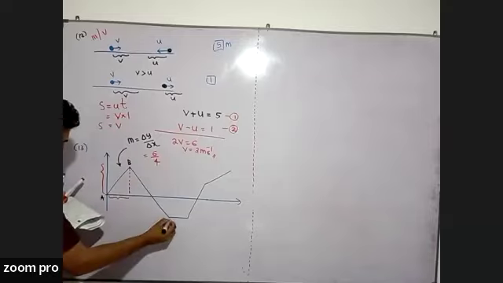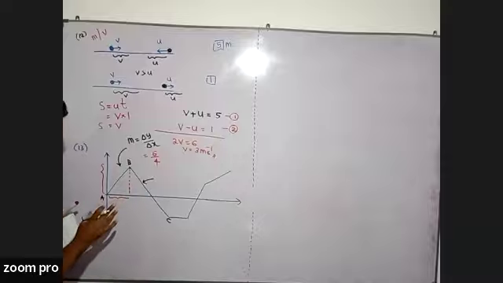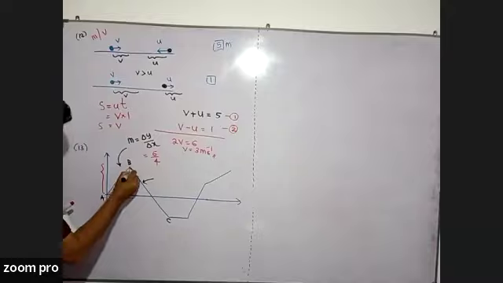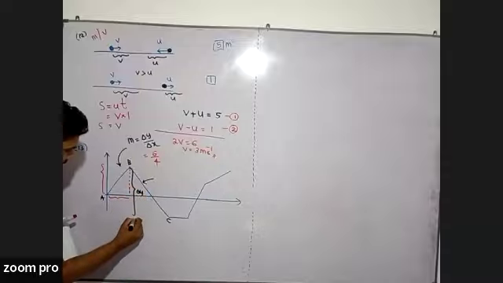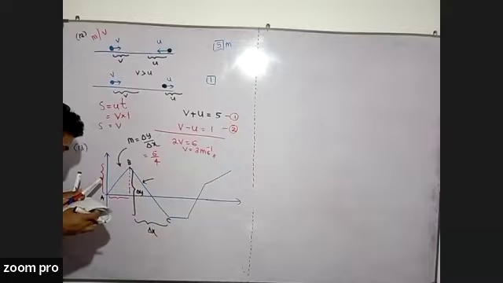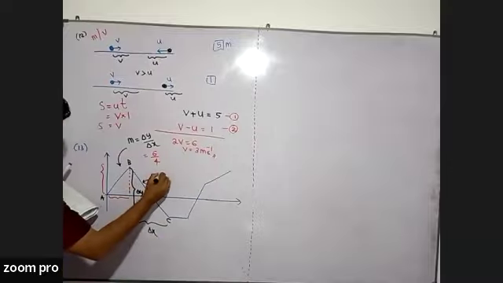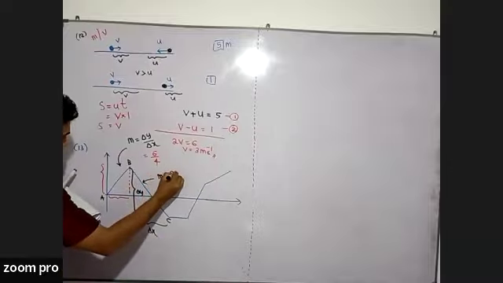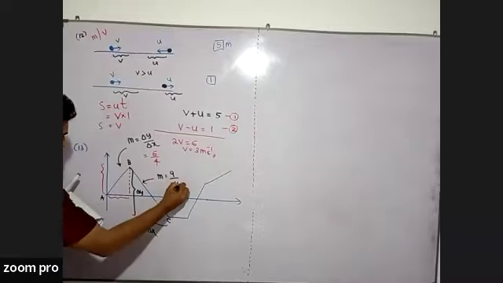And let's consider the gradient for BC. When you find the gradient of BC, you have to consider this divided by this value, right? So delta y can be considered as 9 over 4.